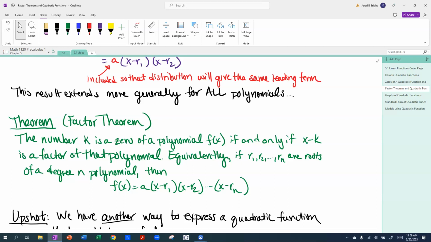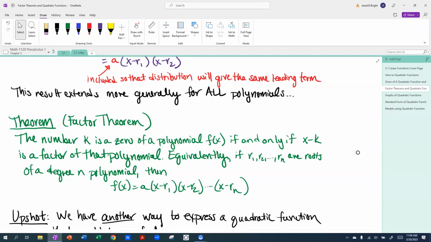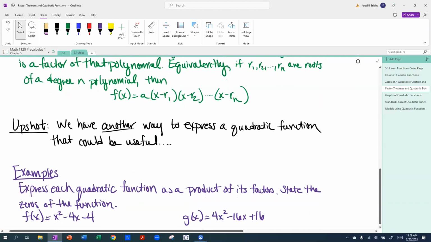And an equivalent statement is shown here. So if certain numbers are roots or zeros of a polynomial, then we just multiply all the factors that have those roots as solutions together with a value a in front, and we get the polynomial. That's really nice. So this other form could be useful.